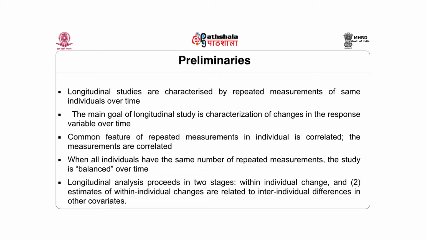The inter-individual changes can be because of the different covariates that are taken into consideration. Say, for example, we take 20 participants and measure them repeatedly over 5 years, and 10 of them have been given an intervention and 10 have not. Then the inter-individual change will be because of the intervention.